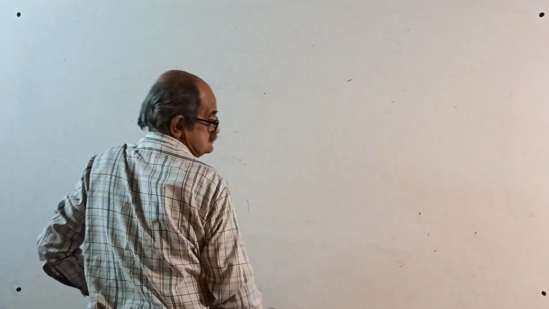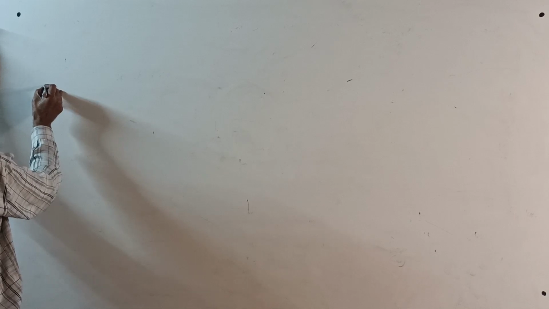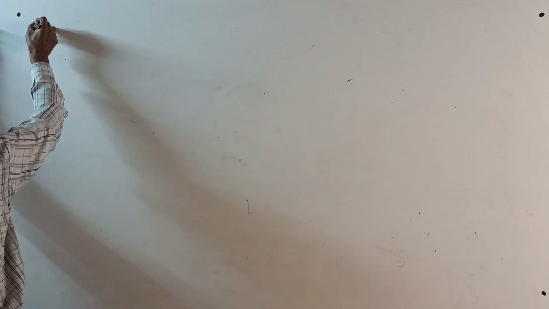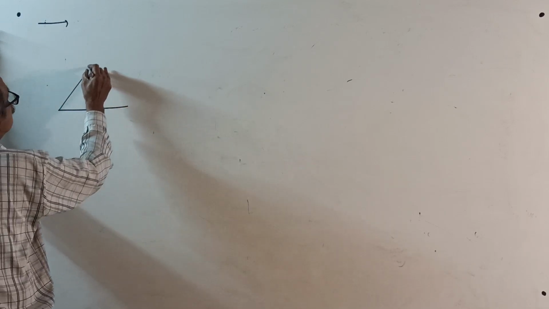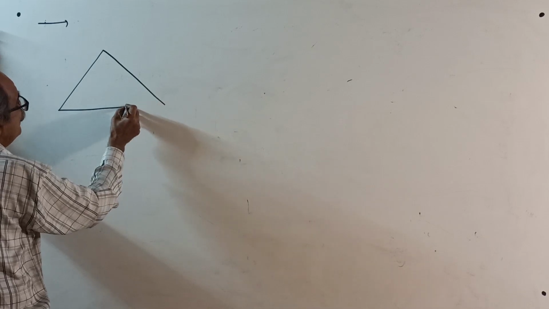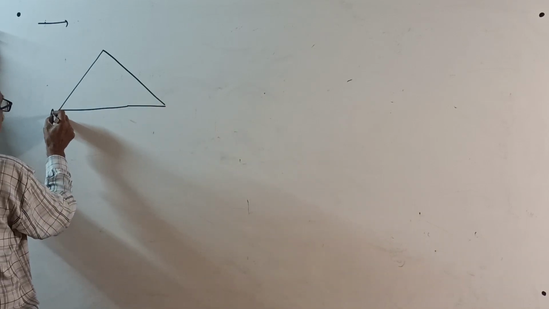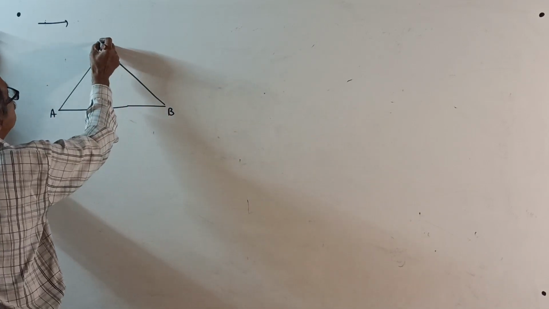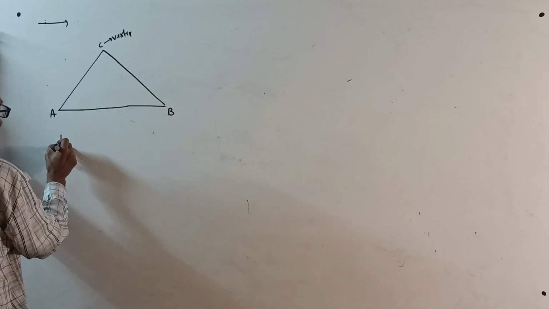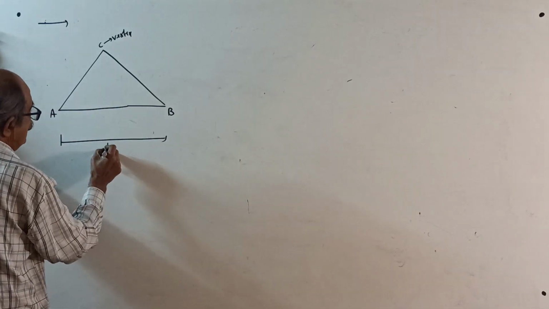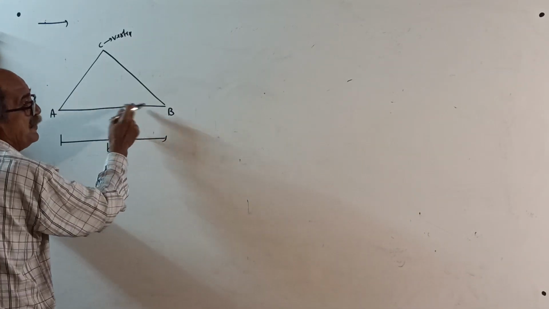Okay, now start the derivation. This is the triangle, a random triangle. I will call the vertices A, B, and C. This is the vertex, and this is the base. I am not putting B1, B2.